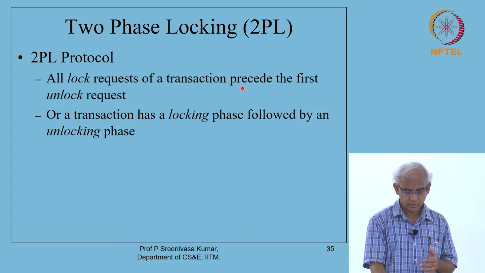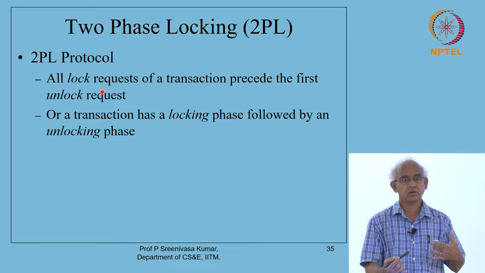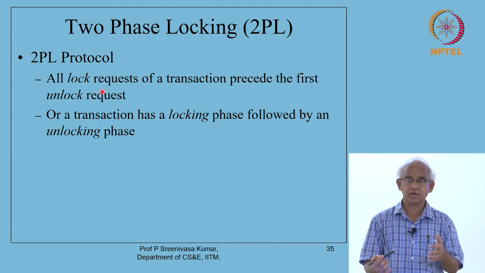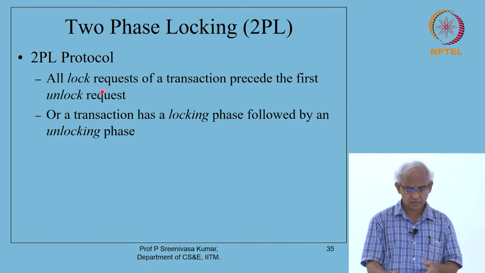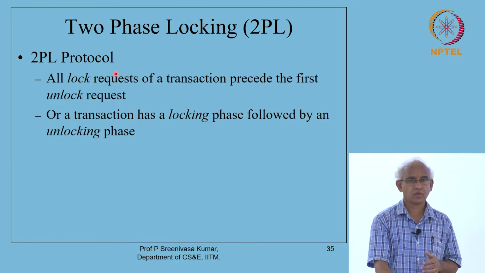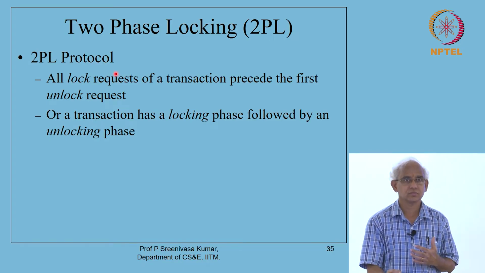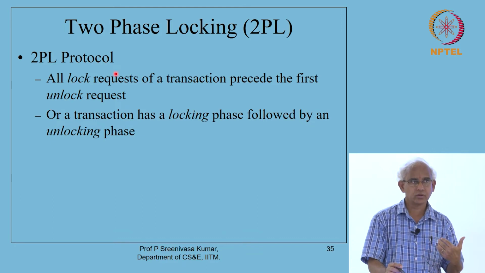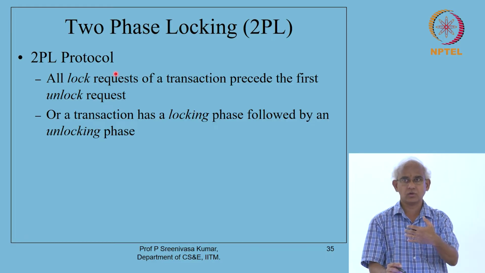Let me state it again. For accessing any DB item, you have to lock it first and then unlock it. What this 2PL protocol is saying is: keep on asking for whatever locks you want, and after you issue the first unlock operation, don't ask for any more locks. So it is going to have two phases. In the first phase, you keep on asking for whatever locks you want, because if you want to access database items, you need locks.